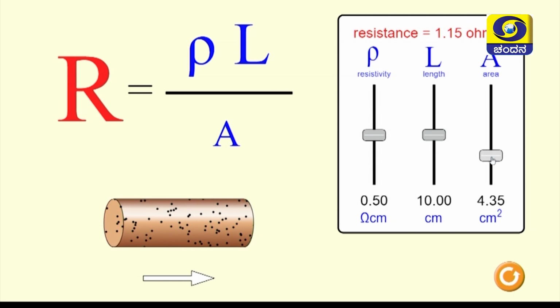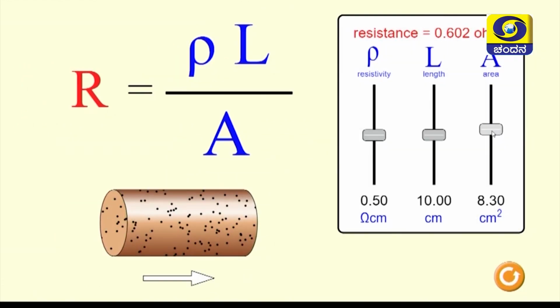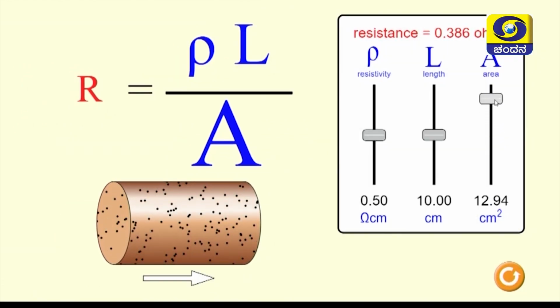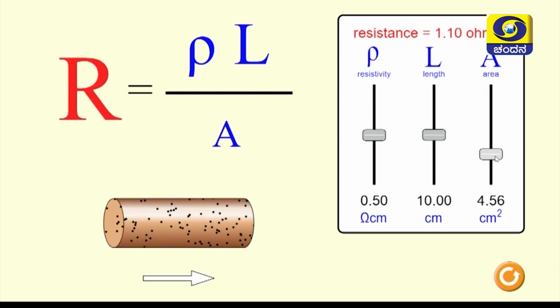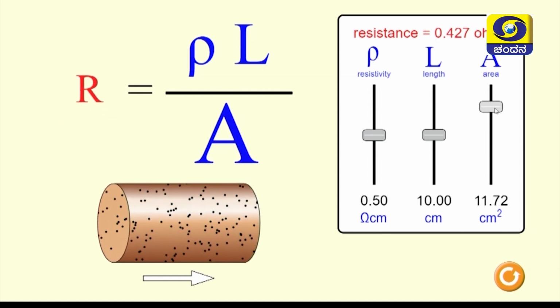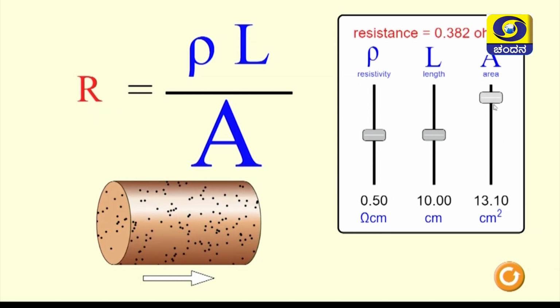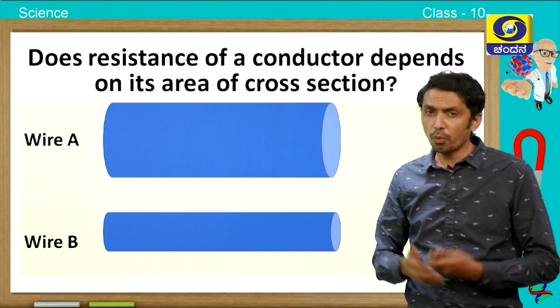The reason is that the free flow of electrons has more space when the area of cross section is more, which results in fewer collisions and fewer attractions, therefore resulting in lesser resistance. Whereas in a thinner wire, the resistance is very high due to interatomic attractions as well as collisions. Yes, children, here you just saw the activity. So what can we conclude?